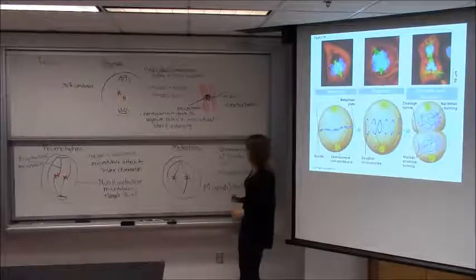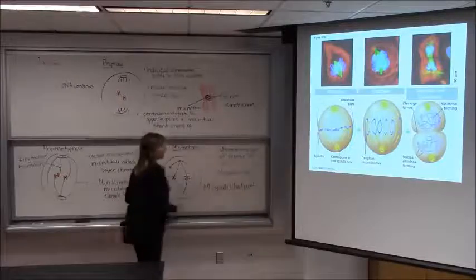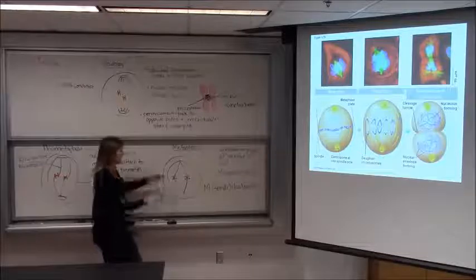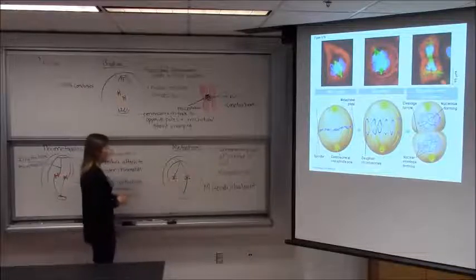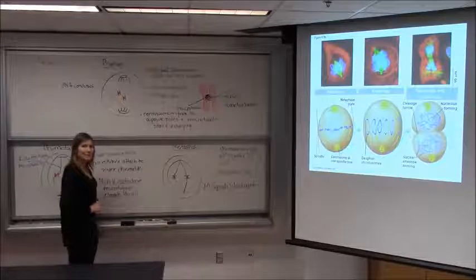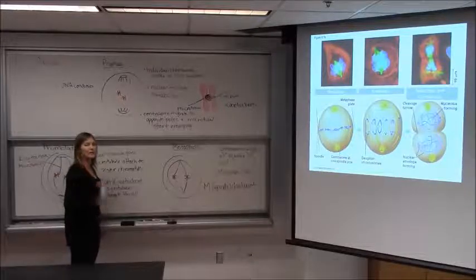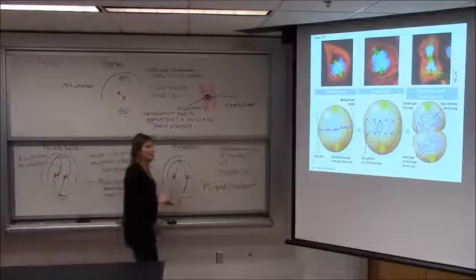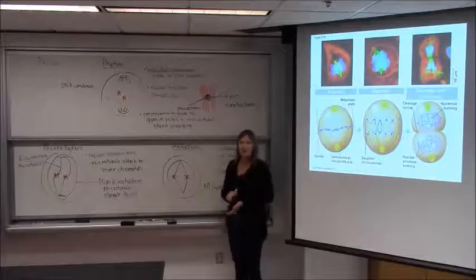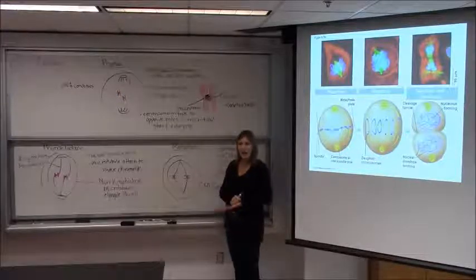If everything checks out and everything is correctly connected, we're going to have a cascade of events that lead to those sister chromatids separating. I want to talk for a second about that cascade of events because it's a very, very important example of an enzyme inhibitor. Remember, we don't want enzymes just being active all the time. Sometimes we want to control them, and we do that by inhibiting their action.